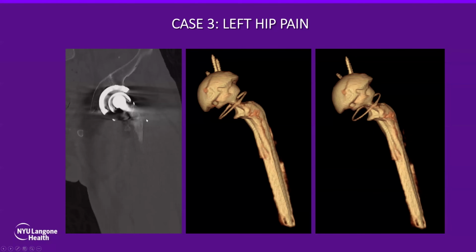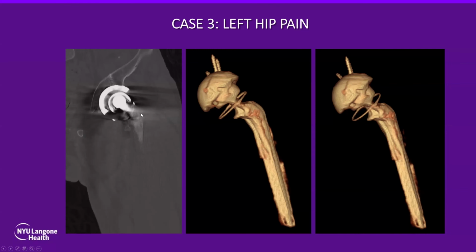But then the ring that we saw on the radiographs corresponds to these metallic densities here. On 3D volume rendering, you see this ring. So this configuration is called a tripolar. So we started with hemi, then conventional arthroplasty, and now this is a tripolar. This configuration is not really that common, it's rare.